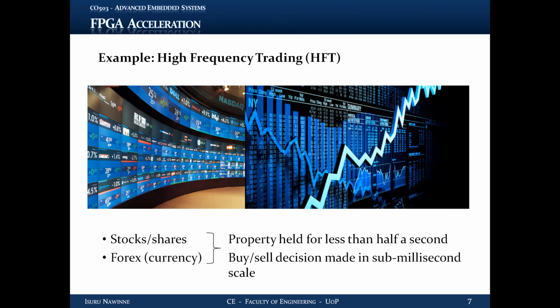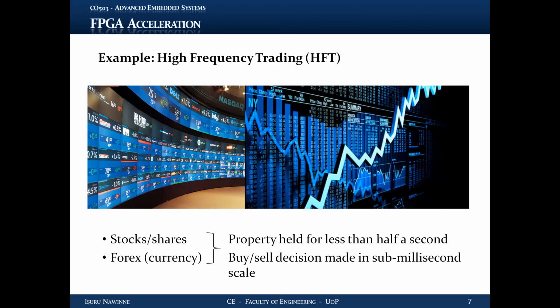In these markets, high frequency trading also happens, where people don't actually observe the changes in these values, but machines do. And FPGAs are now being used for this. In markets like stocks and forex, FPGAs are used to analyze the market data really quickly and make decisions to buy or sell.